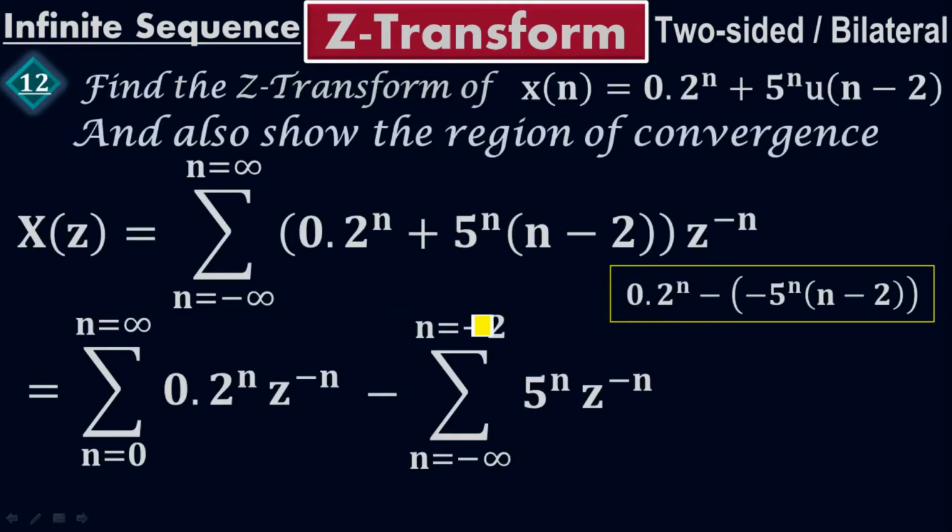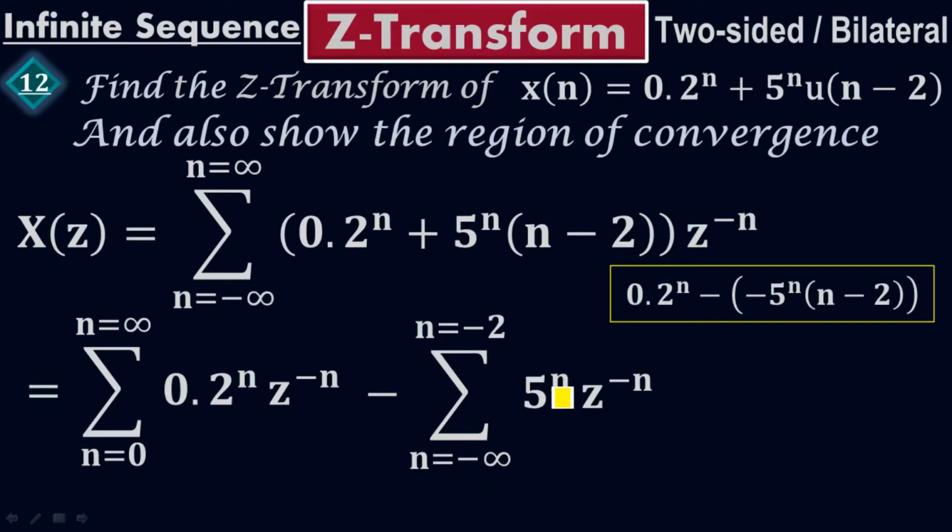You just have to interchange the values for the n with the opposite sign. This part goes up and the upper part goes down with opposite signs. From negative infinity it becomes positive here, so I will have n equals positive infinity, and this from negative it becomes positive. I will have n equals positive 2 here.